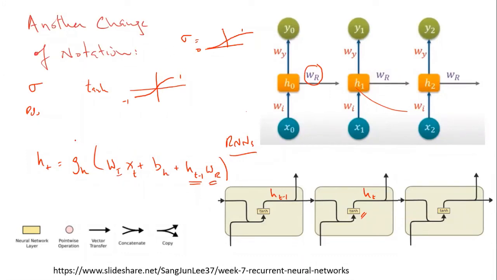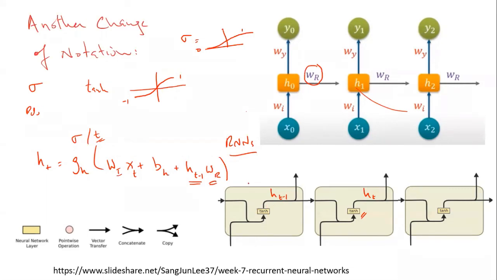If you use a sigma over here versus a tan H over here, what do you think the output is going to be? How are you limiting the output if you use sigmoid versus tan H? Right, so if you're using tan H, it will allow negative values up till -1. It will squash large values to between -1 and +1. And sigmoid will squash it between 0 and 1. So that's a basic difference.